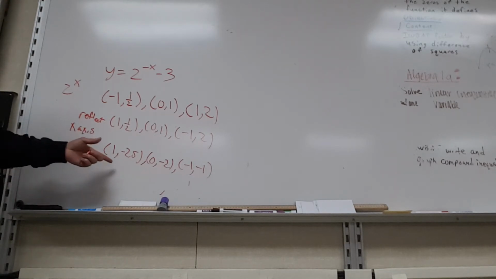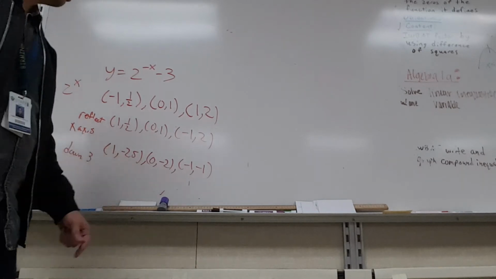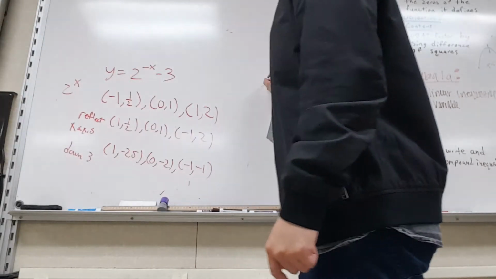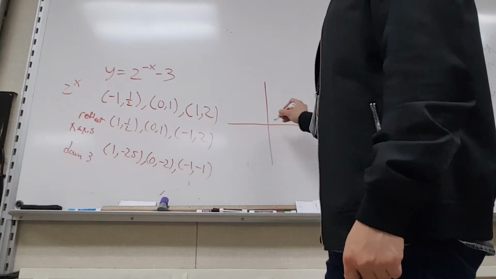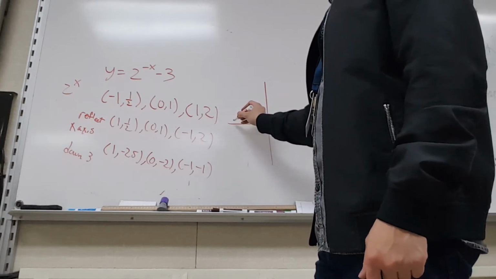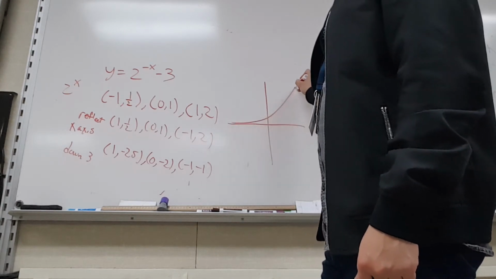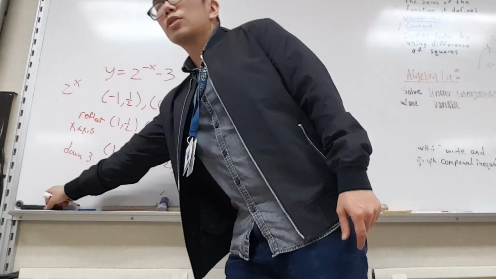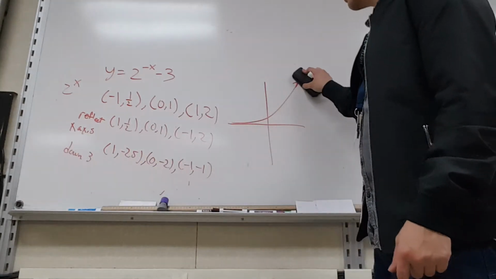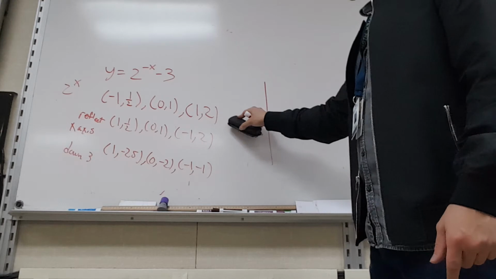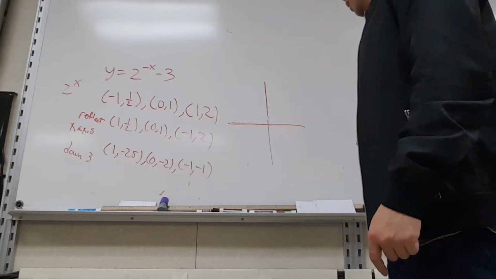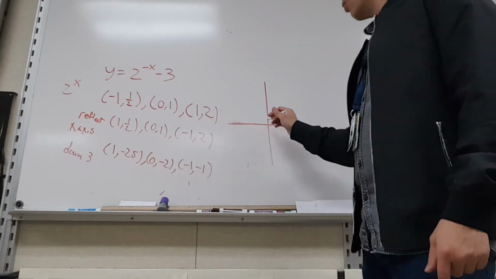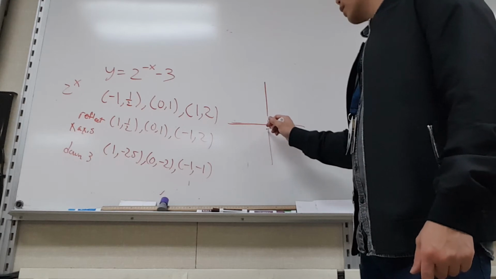And then now I could go ahead and graph my exponential. So I know my regular exponential goes like this. So what we're going to do is I know that it has to get reflected and it has to move down. So I'm going to use those points to help me graph this. So at 1, you're at negative 2.5.